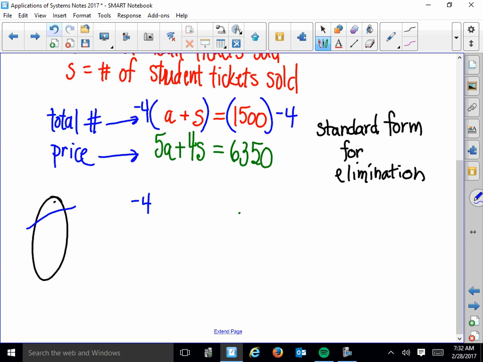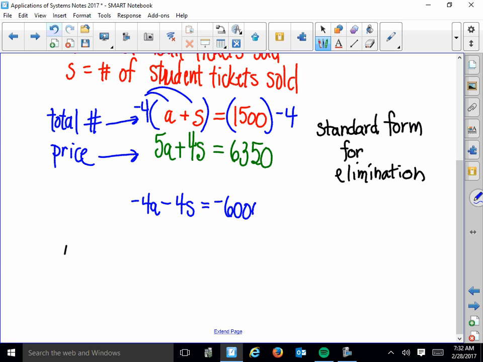That's going to give me -4A minus 4S equals 1,500 times -4, which is -6,000. The second equation, 5A plus 4S equals 6,350.